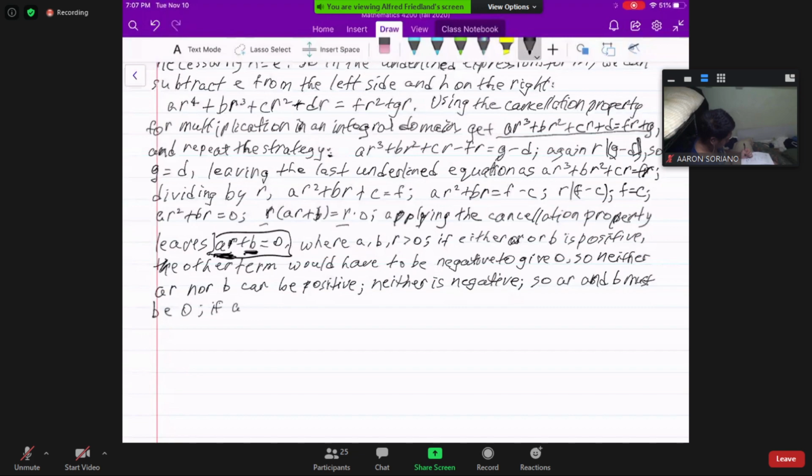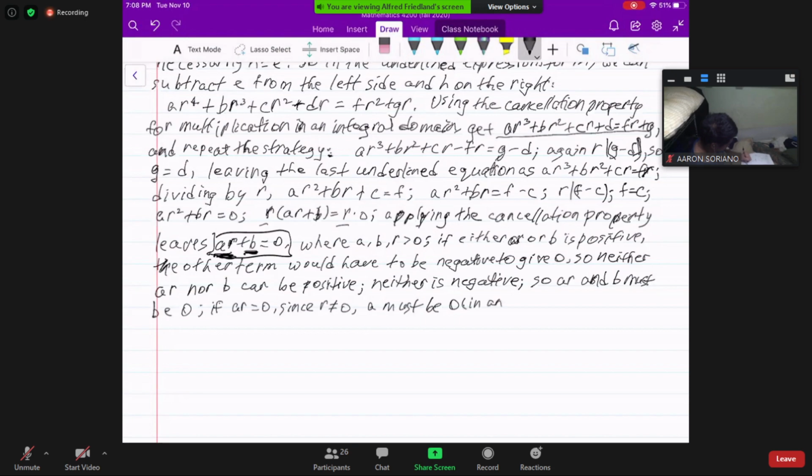And of course, if AR equals 0, well, not even a cancellation property. In an integral domain, if a product equals 0, one of the factors has to be 0. So since R is not 0, A must be 0.